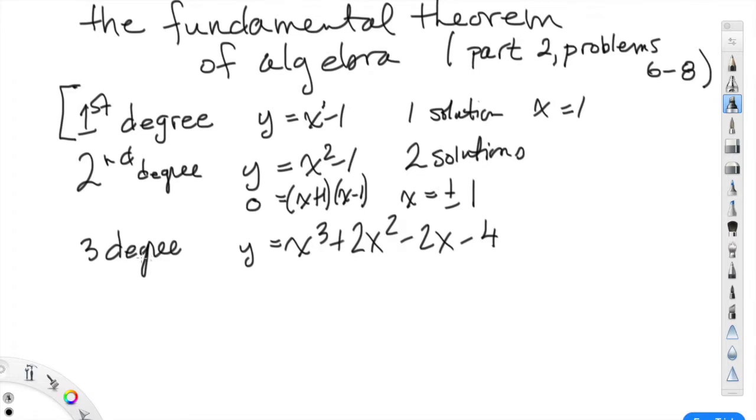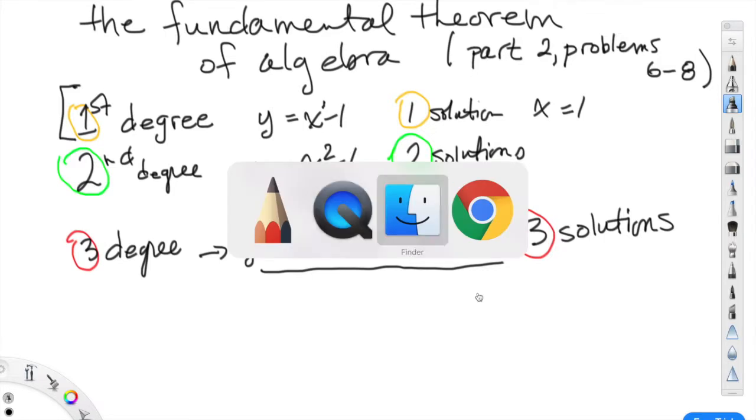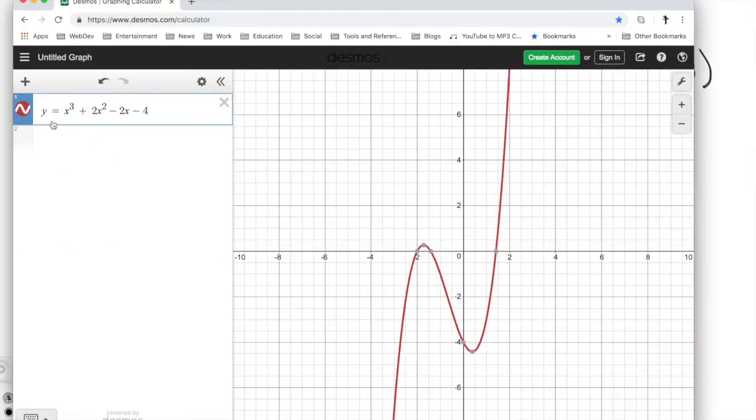For a third degree function, like y equals x cubed plus 2x squared minus 2x minus 4, there will be three solutions. If you graph it, as I've done here, you see the solutions are negative 2, negative 1.414, and 1.414.